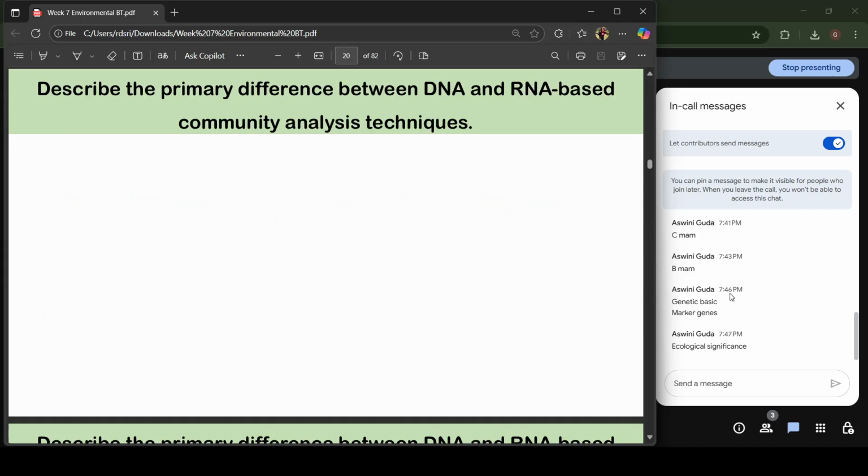So the next question is, describe the primary difference between DNA and RNA based community analysis techniques.